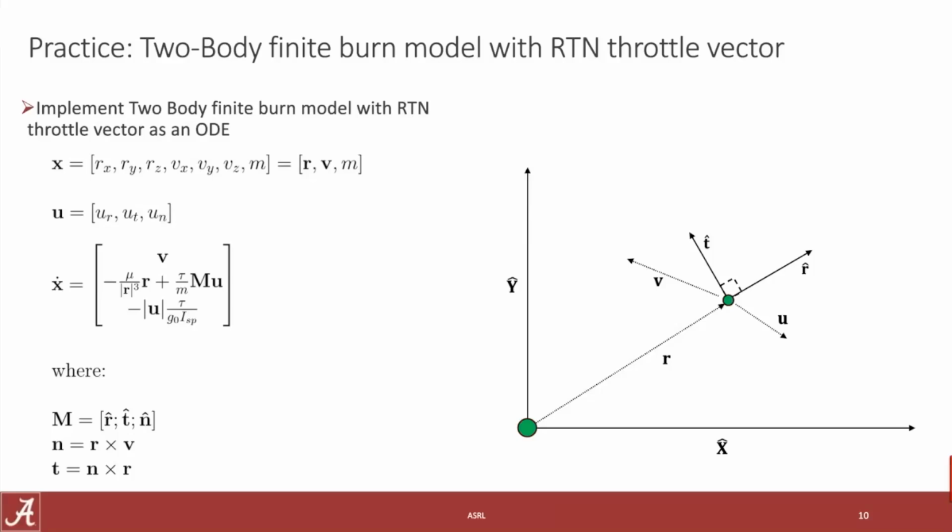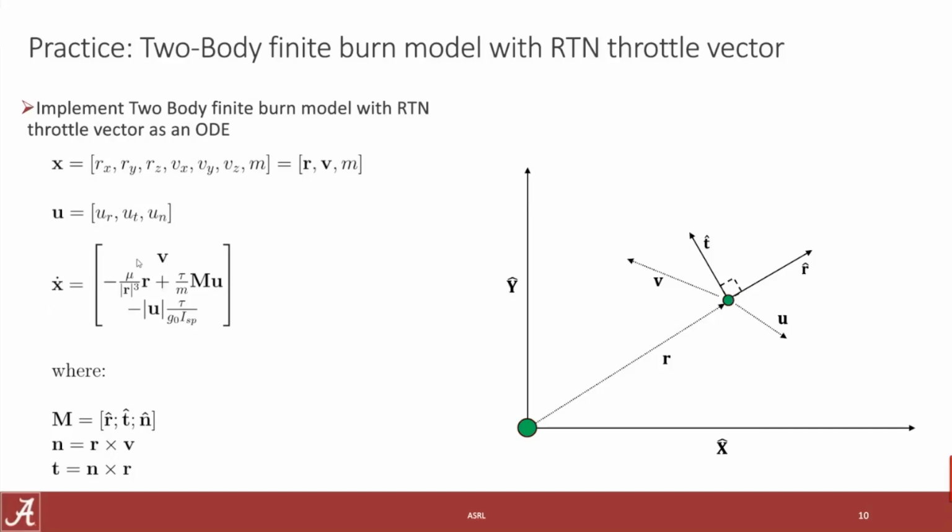Here, let's do an example instead where you have 7 states: position, velocity, and mass. So states of size 7 now, and 3 controls. We're adding controls in, but in this case, we want the controls to be applied in the RTN frame.